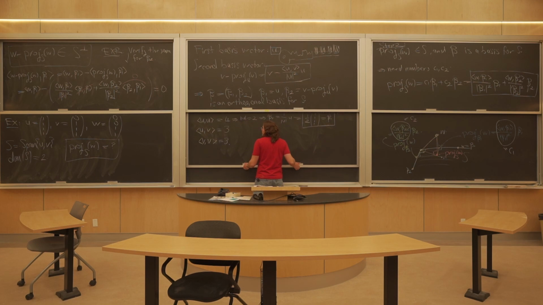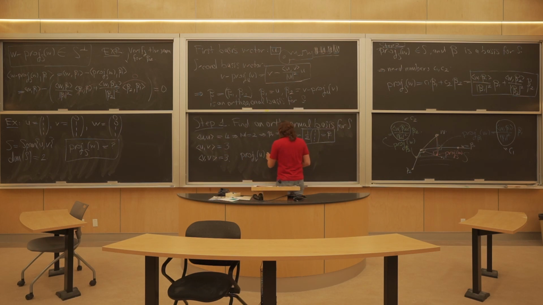Now I need to compute the orthogonal projection of V onto U. So this is U against V divided by U norm squared times U. Okay. So this is going to be 3 over 4 times 1, 1, 1, 1. This is proportional, as you see, to U. I want the remainder. So I'm going to subtract this from V.